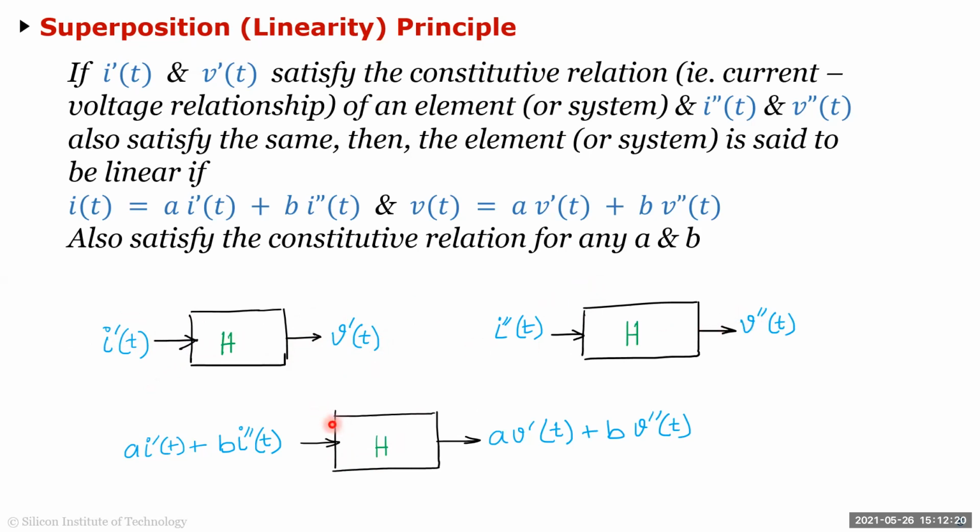Then the superposition principle says that if the system is linear, and I take any linear combination of these inputs, where a and b are any real numbers, not complex, then the sum will also produce the same linear combination of the respective outputs, which is a times v dash of t plus b times v double dash of t.